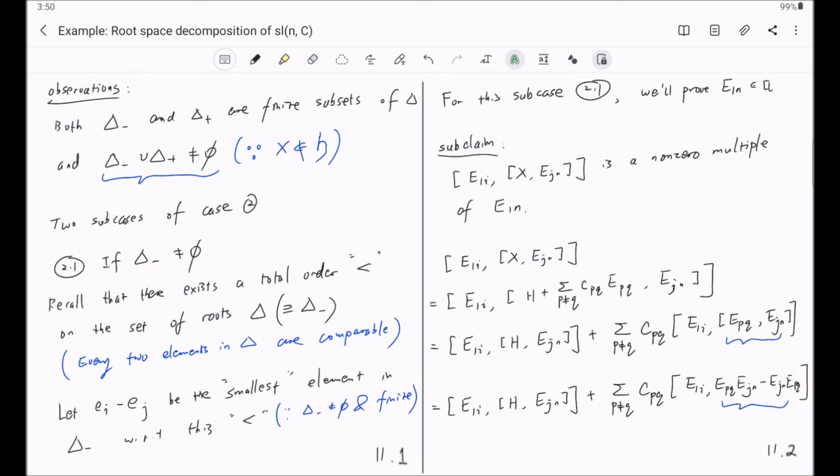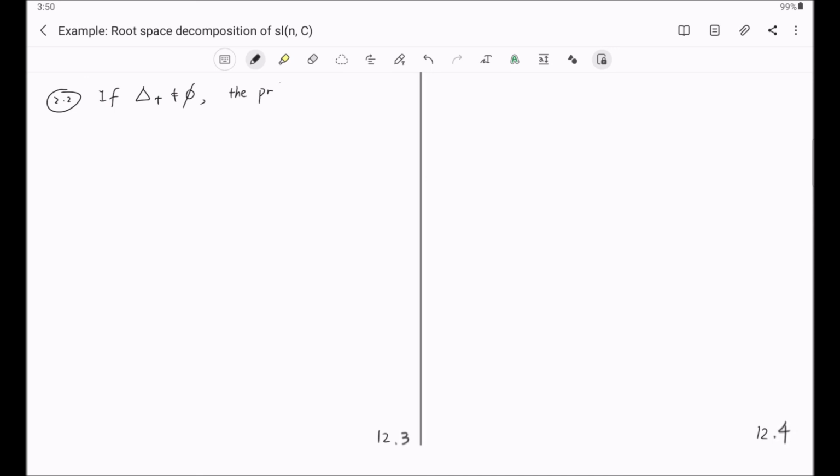And I mentioned before, for the case when delta plus is non-empty, the proof is very similar. Let me just quickly mention which parts we need to change. We need to take e_i minus e_j as the largest element in delta plus.